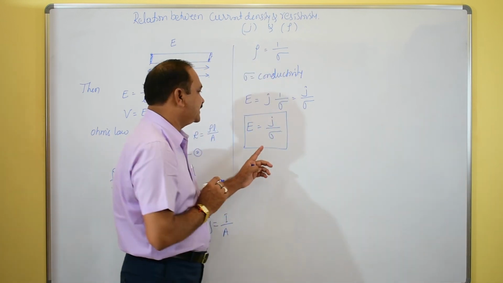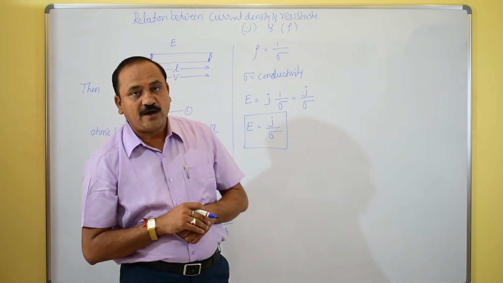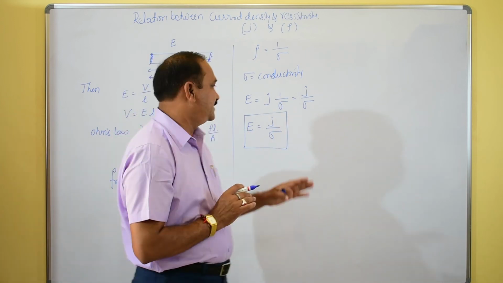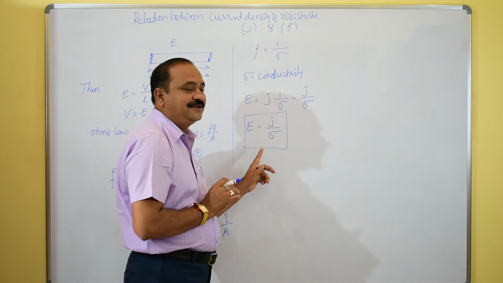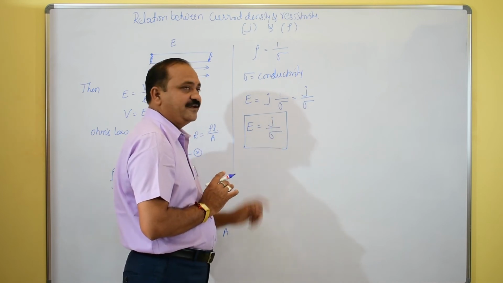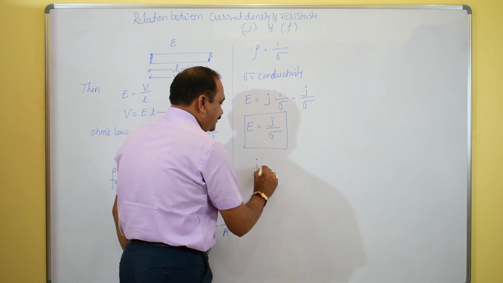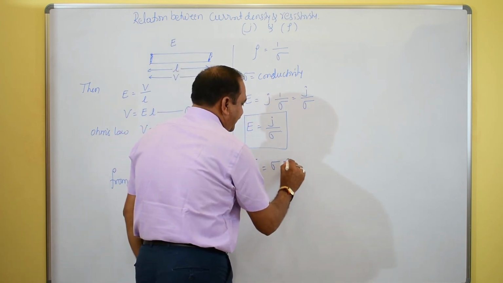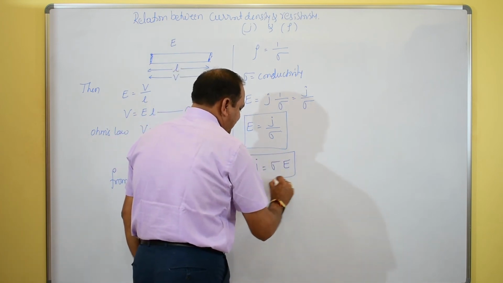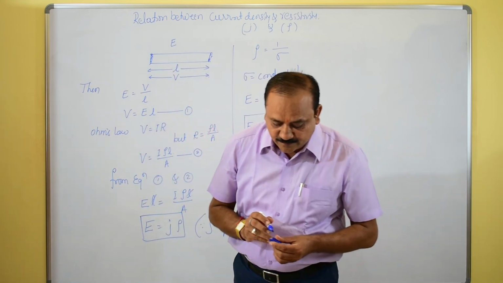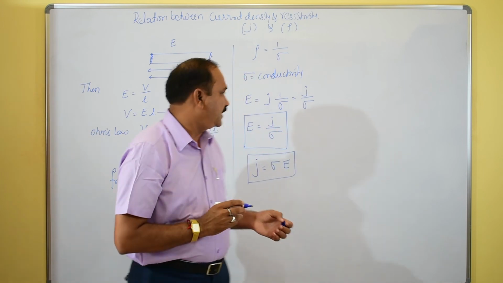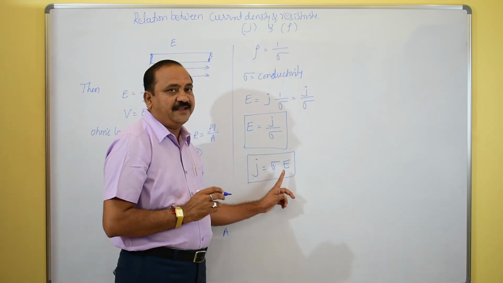With reference to this, let us see how we can analyze this concept. I also want to find out J. How to get that relation here: J equal to sigma into E. This is also one of the important relations.